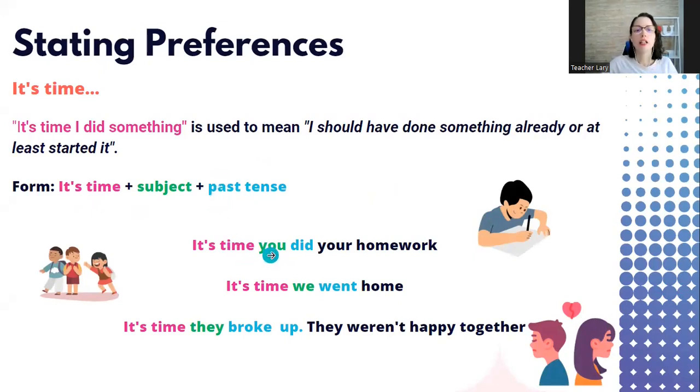Examples. It's time you did your homework. That means that you should have started your homework already. It's time we went home. That means that we should have already gone home.